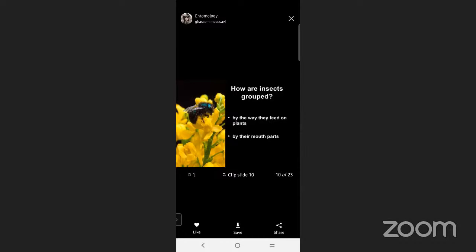How are the insects being grouped? By the way they feed on plants, by their mouth parts. Mainly these mouth parts we are going to do in practical, like how the different mouth parts they possess according to the feeding habit. When we see the mosquito, they have piercing and sucking type of mouth parts. And when we see the butterflies, they have siphoning, means they insert the proboscis into the flower and suck. We say that as siphoning type of mouth parts.